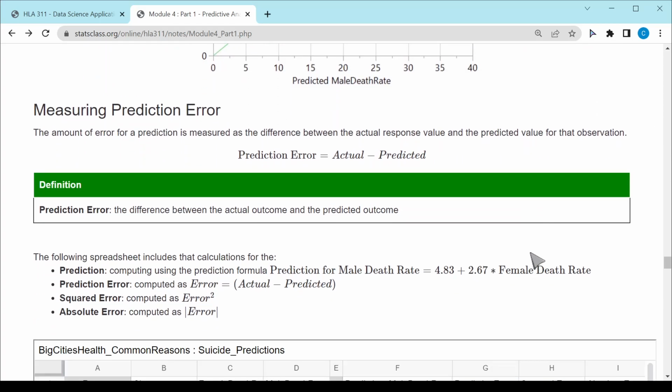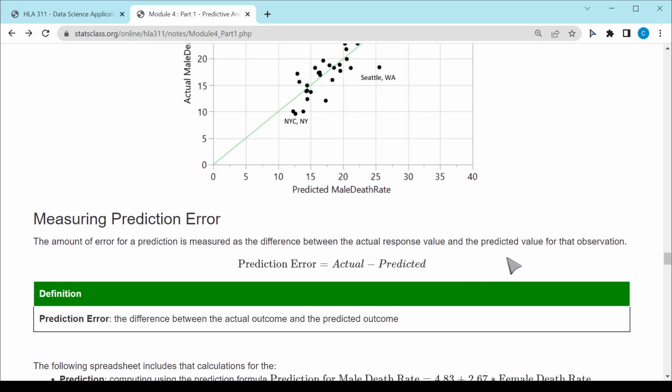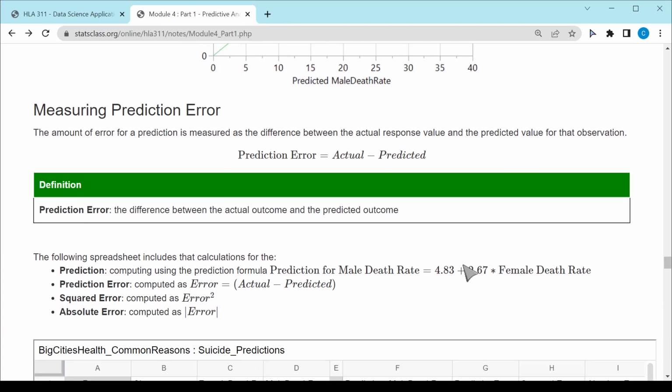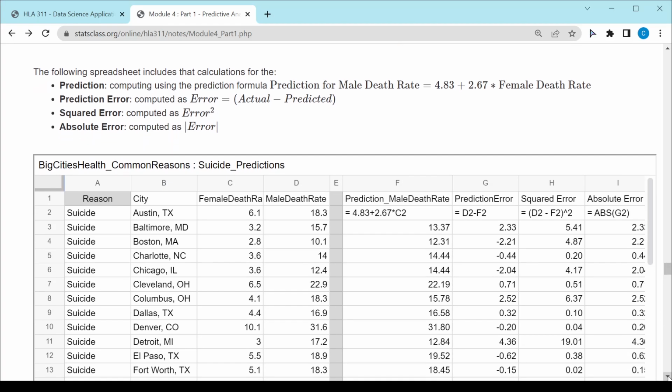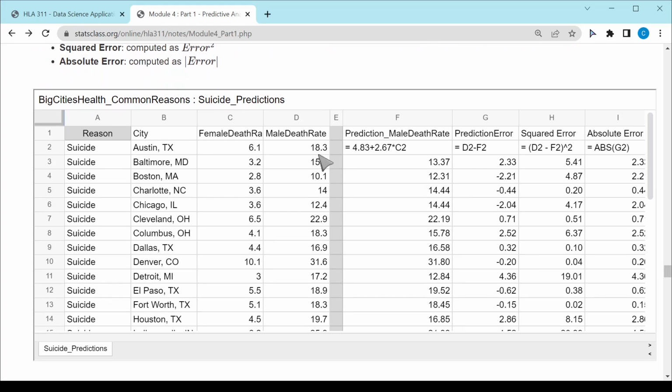How do we go about measuring the prediction error then? The prediction error is simply how much I missed the actual value by. So the prediction error is simply take the actual response variable and subtract the predicted response. In order to do this, here I have shown you this in a spreadsheet.